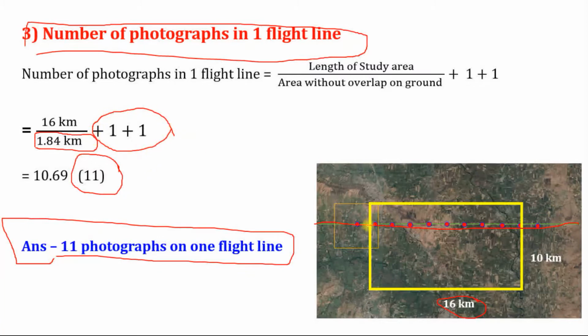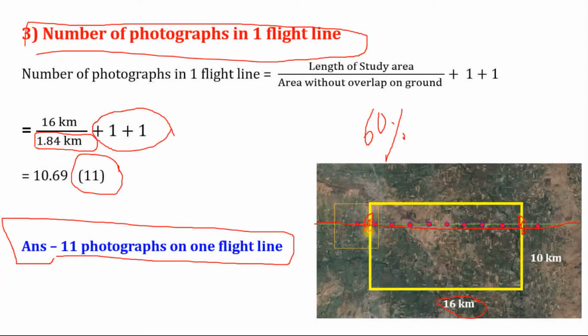Because when we create a 3-dimension view under a stereoscope, you require a minimum 60% overlap for each photograph. If you start your survey from this position and end your survey at this position for a single flight line, we could not calculate the 3-dimension view of this area or of this area.